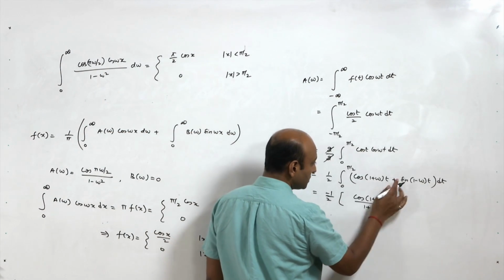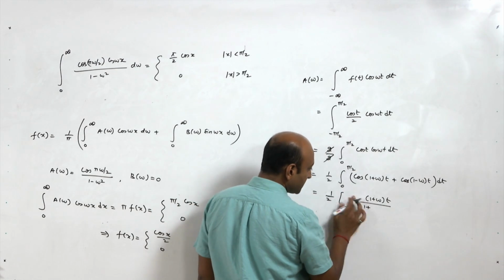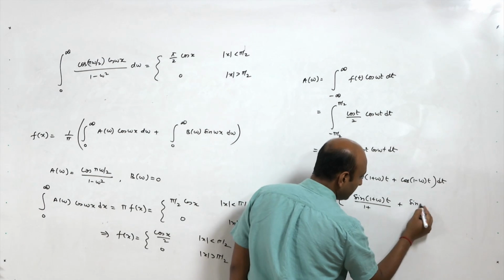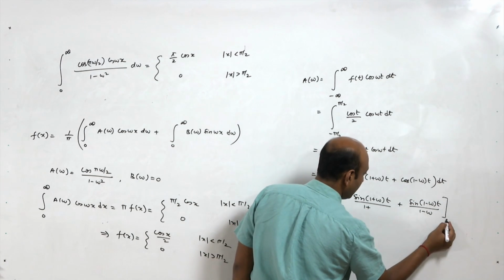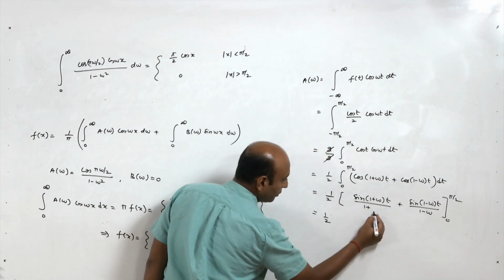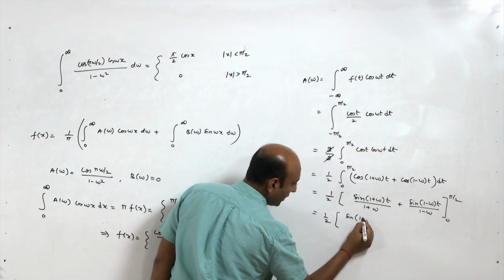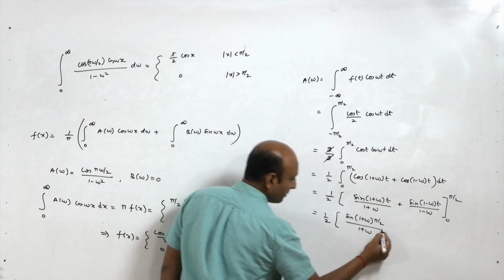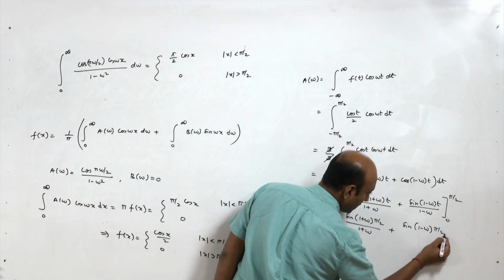So, integrating, it will be sin(1 plus ω)t upon 1 plus ω plus sin(1 minus ω)t upon 1 minus ω, and t varying from 0 to π by 2. So, this will be nothing but 1 by 2, it is sin((1 plus ω) π/2) upon 1 plus ω plus sin((1 minus ω) π/2) upon 1 minus ω.